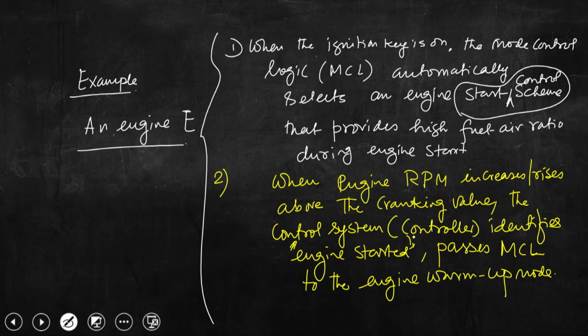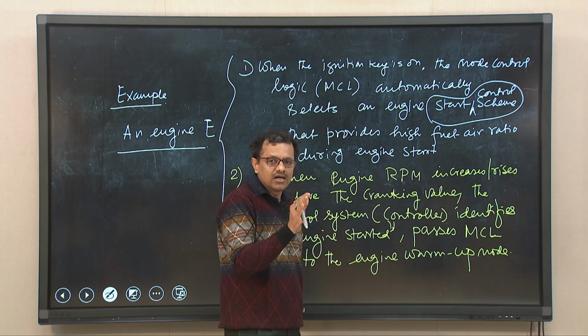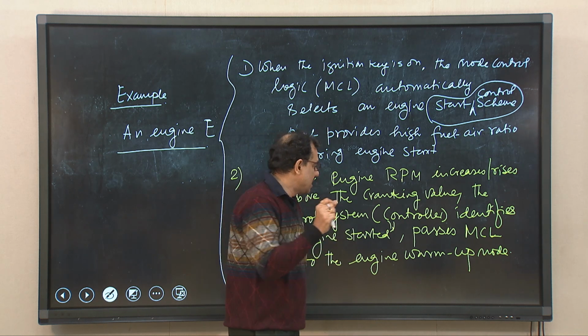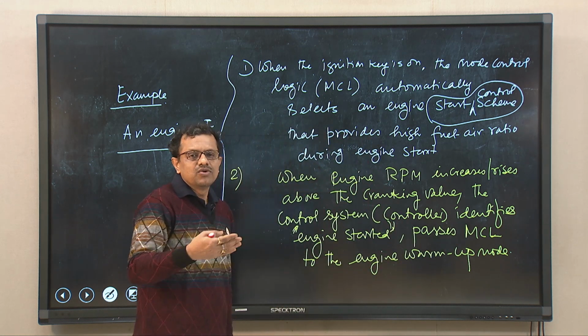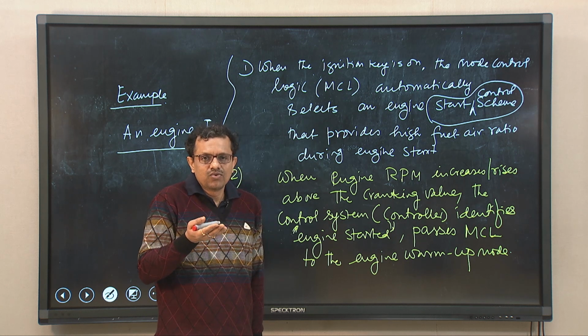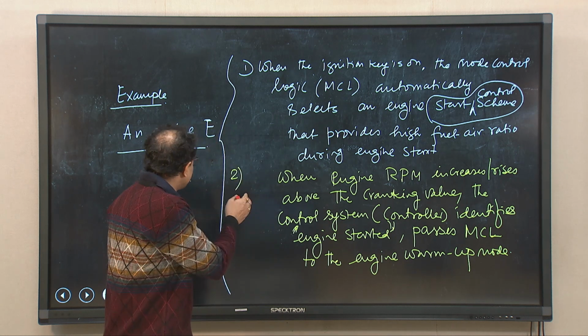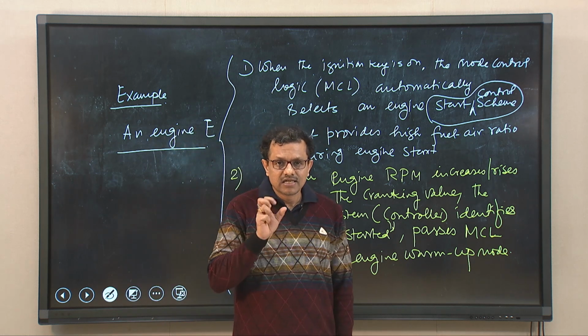I have written it within inverted commas. So, the controller will identify the engine started based on the sensor data, and then will pass mode controller logic to the engine warm up mode. Again we need to warm up the engine, that means we need to increase the coolant temperature. Okay. So, this control system is responsible.